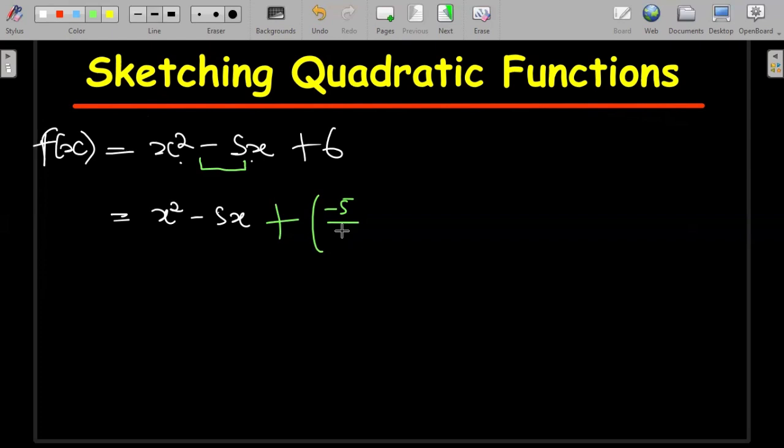Then I'm going to divide it by 2. Don't ask me where the 2 is coming from. That's the way it should be done. It's in the formula. So I'll get the coefficient of x divided by 2, and then I'm going to square it. After I do that, I'm going to say minus the same thing that I've written here. So I'll write it again, minus 5 over 2 squared, and then plus 6.